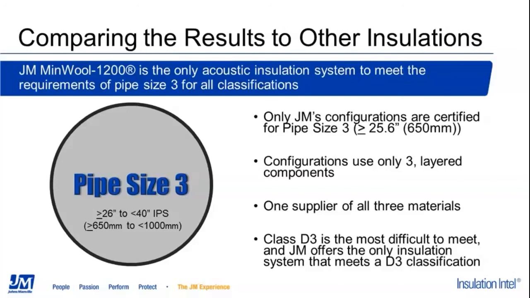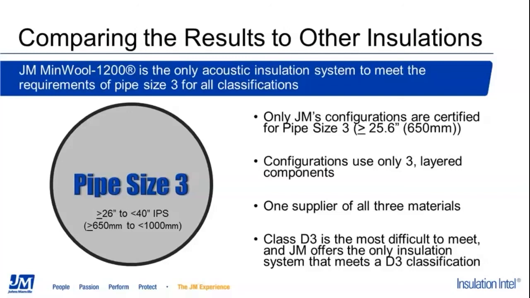Likewise, you can't assume that a B2 meets the requirements of B3, and same for C and D. So it's very important that if you do have larger pipes on your facility, that you are utilizing systems that have been certified to the pipe size 3 classification requirements.